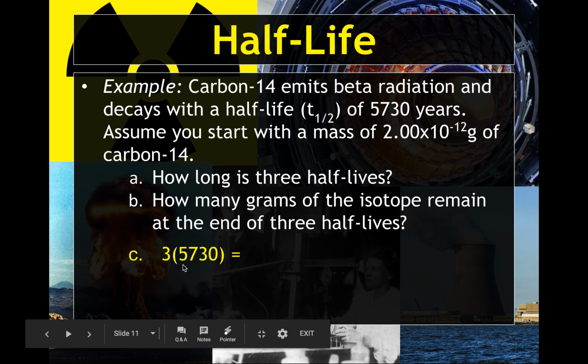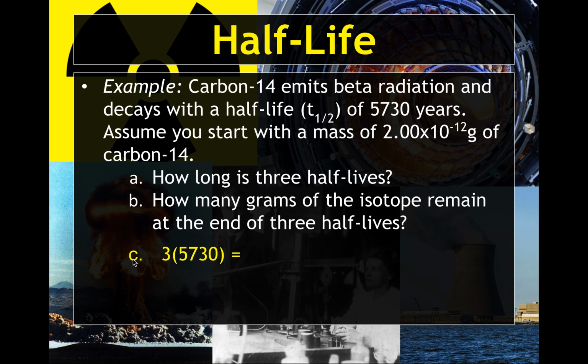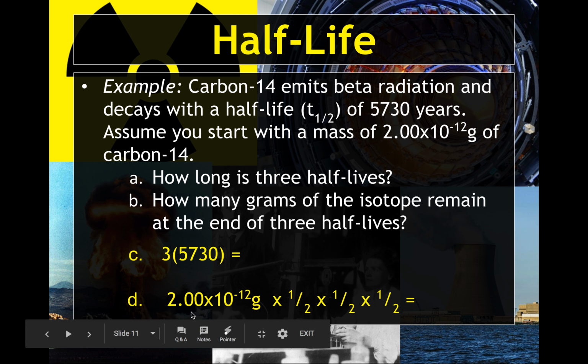So, to calculate the first one, this should actually be A, we want to know how long 3 half-lives is. Well, each half-life is 5,730 years. So 3 times 5,730 is going to give us our answer. To answer question B, we're going to start with our starting amount, 2.00 times 10 to the negative 12 grams, and then multiply that by half 3 times.